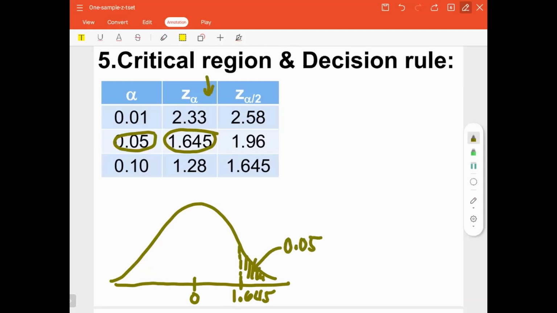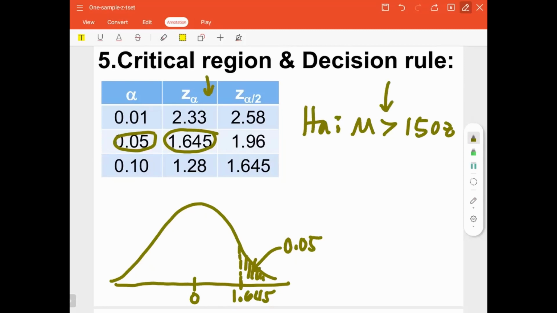Okay, so what will be the decision rule? Given that HA is what? The mean is significantly greater than 15 ounces, okay? So we refer to that same symbol then.